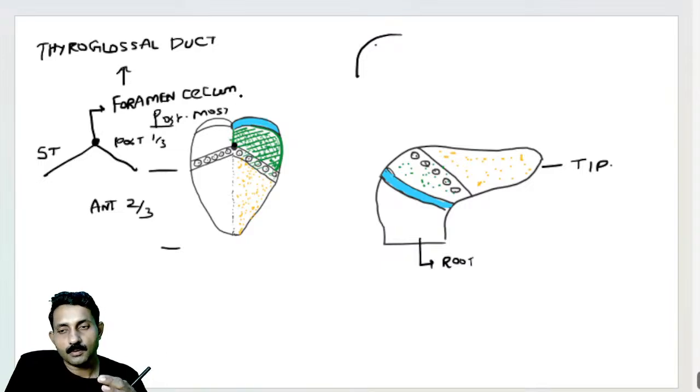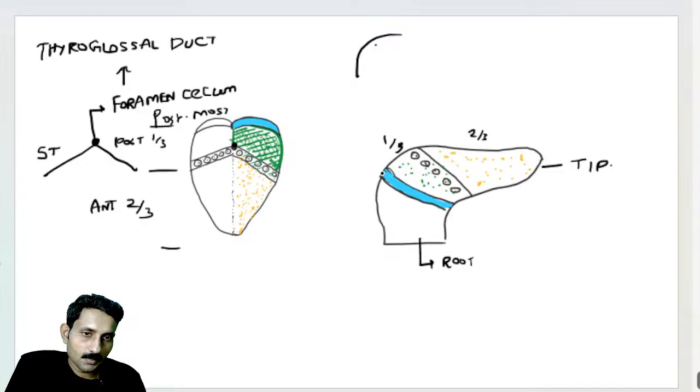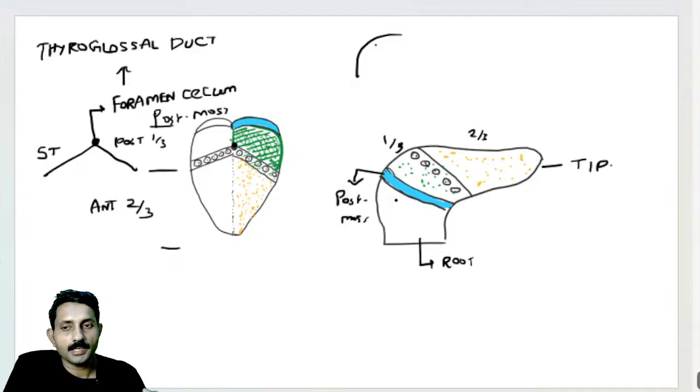If you see from the lateral, this is the anterior two-thirds, this is the posterior one-third, and this part is called the posterior most part. The nerve supply changes, that's why we are covering them under different conditions.